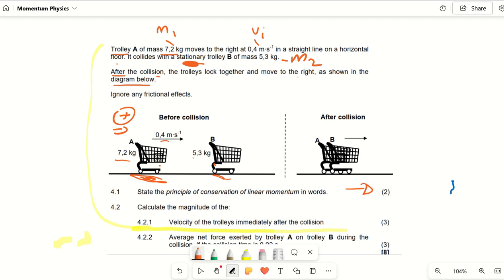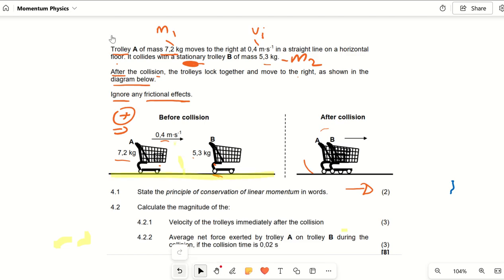So that's what they're telling us. That means now it's basically one object. So you want to add the two masses of 5.3 and 7.2 because it's just one object, they're bound together. So I'm just giving you analysis. And then it says ignore any frictional effects. So they're talking about any form of friction from the floor or air resistance.